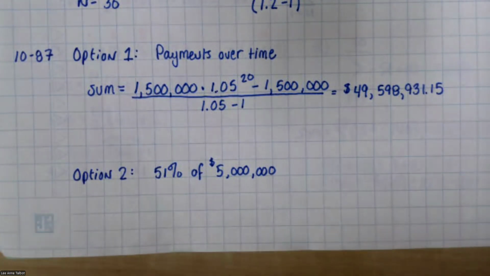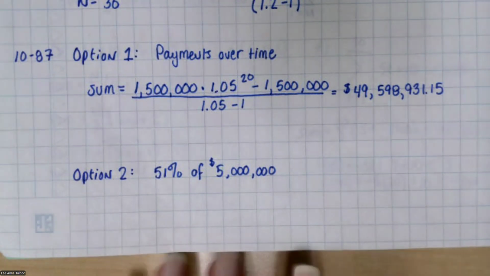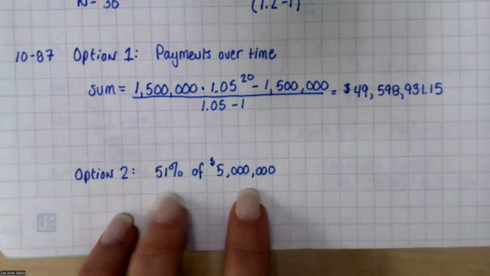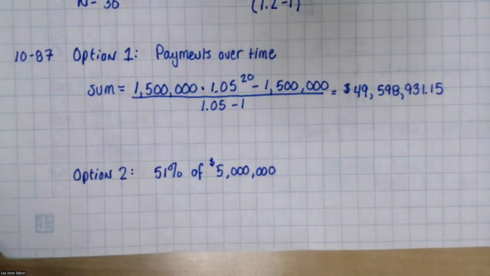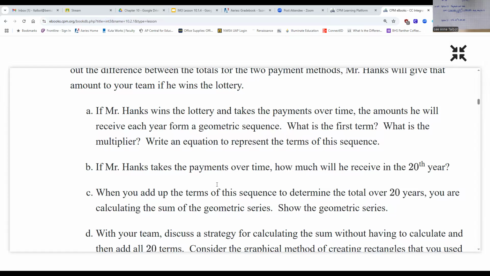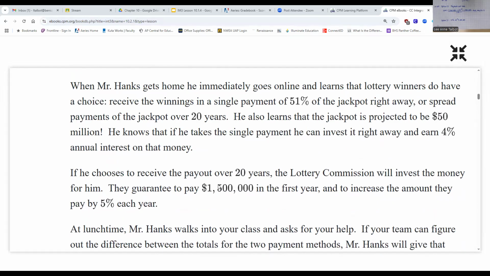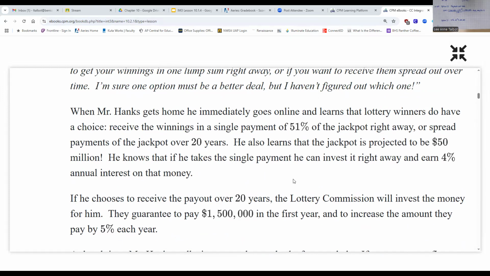Okay, now, if he gets the jackpot right away, the problem said that he gets 51% of 5 million. The payout was 5. Was it 50 million or 5 million? It was 50? Yeah. Crap. No, yeah, 50. I'm missing a 0.